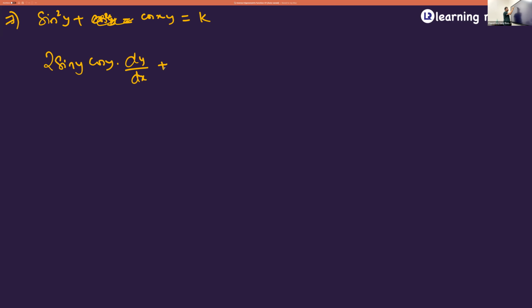Plus derivative of cos is minus sine xy into x into, actually you are getting 3, no? You will get 3 terms because this xy is there. So x into dy by dx plus y. This will be equal to 0. So what will you take out common?